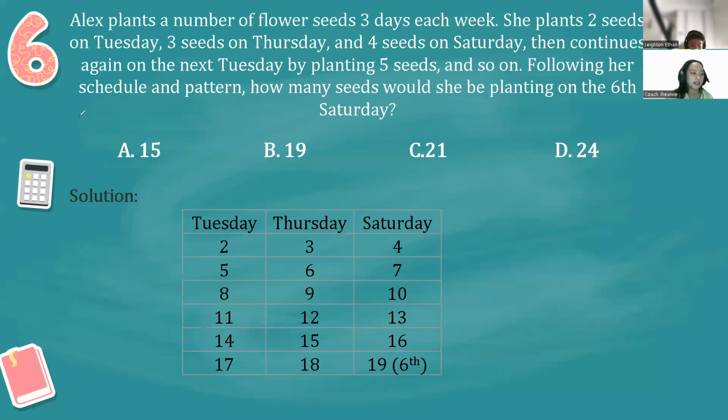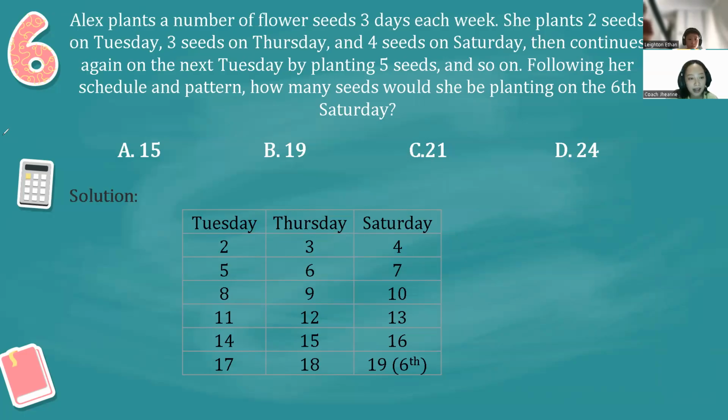Okay, number 6. Alex plants a number of flower seeds 3 days each week. She plants 2 seeds on Tuesday, 3 seeds on Thursday, and 4 seeds on Saturday. Then continues again on the next Tuesday by planting 5 seeds and so on.